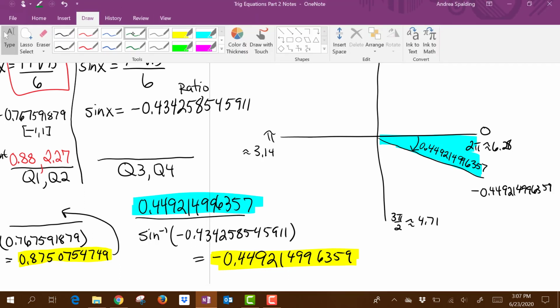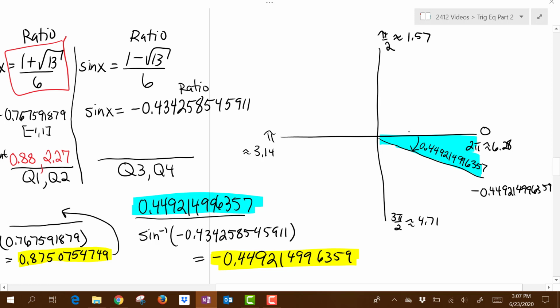So I want to think about what this angle would be in quadrant 4, which is a place where I want to find an angle. I want to start at 0 and then wrap all the way around and stop at that quadrant 4 angle, getting to it from the positive direction, from a counterclockwise rotation. So how do I figure out what that amount of rotation is in the positive direction?